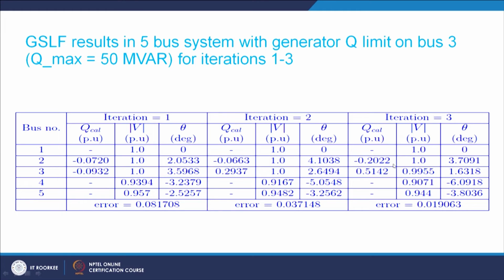Remember, this value indicates that the generator has to inject 51.42 MVAR of reactive power into the system to maintain its terminal voltage magnitude at 1.0 per unit.